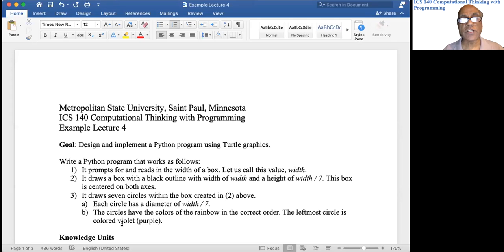So the leftmost circle is colored violet or purple, they are synonyms. So that is the leftmost one. And so you should have the other circles colored accordingly so that they are in the order of the rainbow. And that is all, that is what the program is supposed to do.